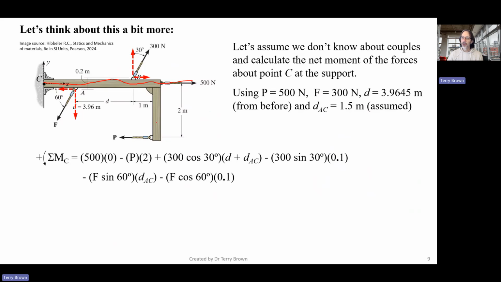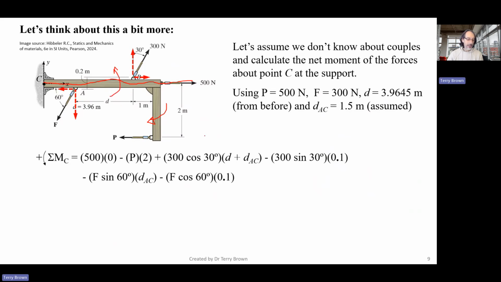Then we have P times 2 tending to go clockwise about point C, so negative.